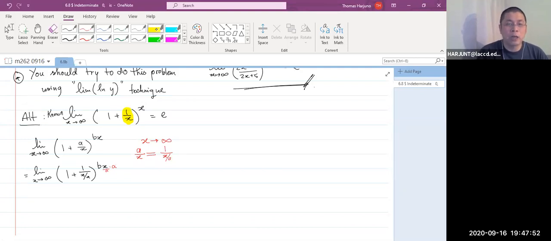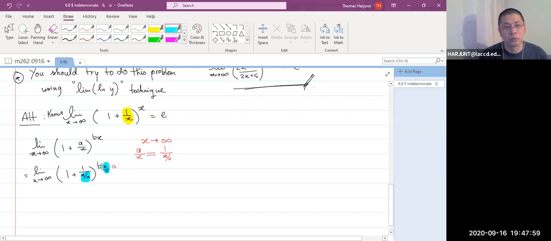Now what I plan to do is I will call this my u. So let u equal x over a. Since x goes to infinity, then x over a will still go to infinity.